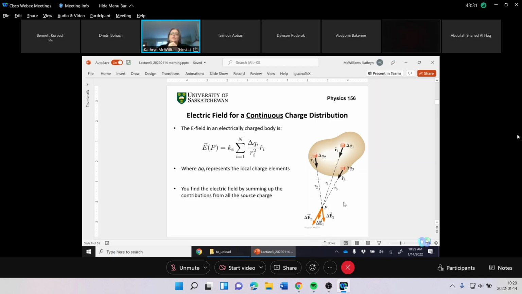So what we need to do is to figure out the math that we need to figure out the electric field due to an object that has charge distributed throughout it. It may not be equally distributed. There might be a function or something that tells you how the charge looks or how the charge is positioned.